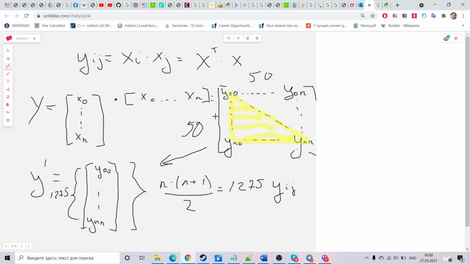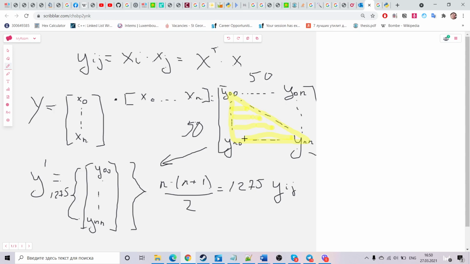the left triangle, because y_ij and y_ji are the same, so the right triangle will be the same as the left.